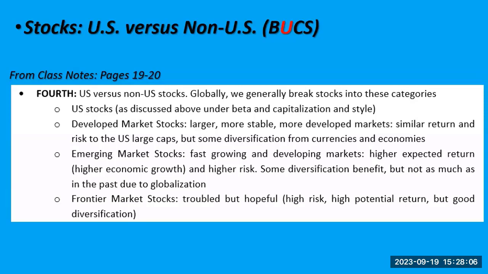But in developed countries like the UK and Germany, you have well-established firms with good institutions, more stable. They have similar returns to the US market, although I'll show you they haven't done well recently. But you do get some diversification because their economies are doing differently, and then currencies really can help you. A good example, I think it was 2021.